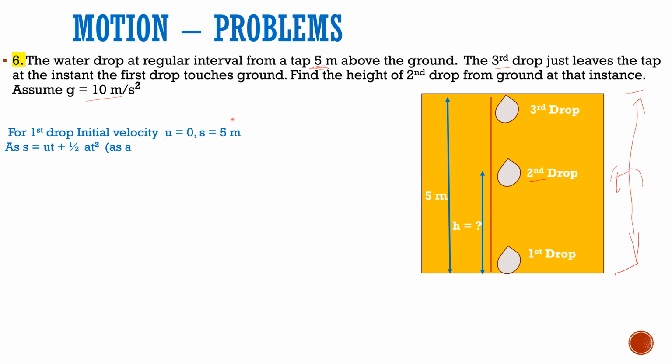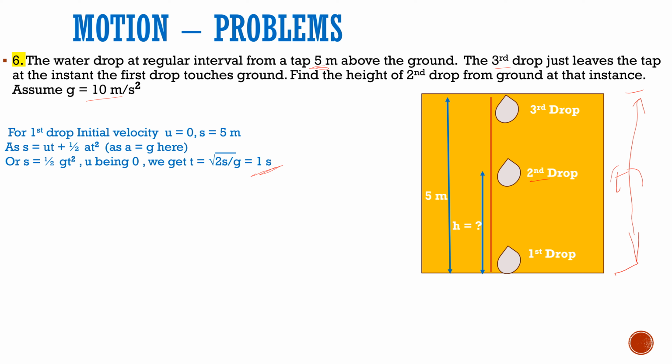So I've taken s here. u is 0, of course, because at the starting point the velocity is 0. And then we have s equal to half g t square, and since g is 10, we can get t equal to square root of 2s by g, or 2h by g, and we get 1 second. So this is the time.